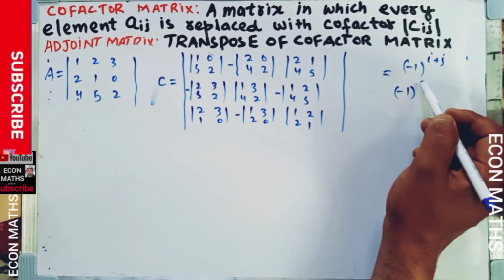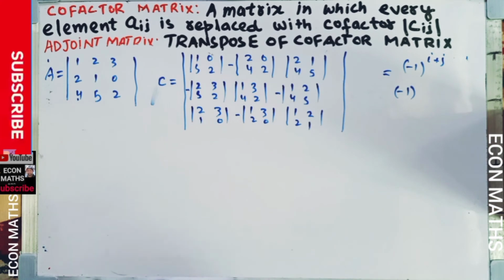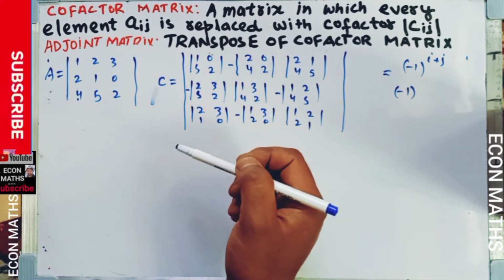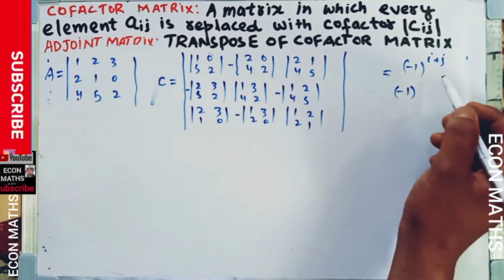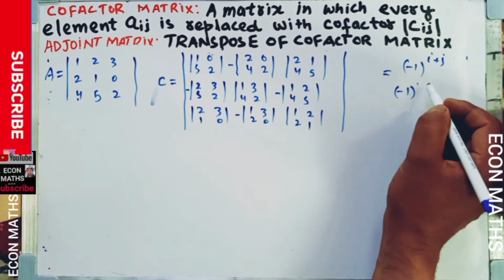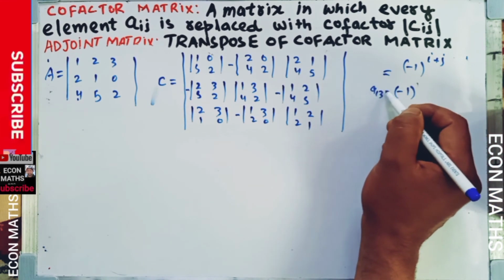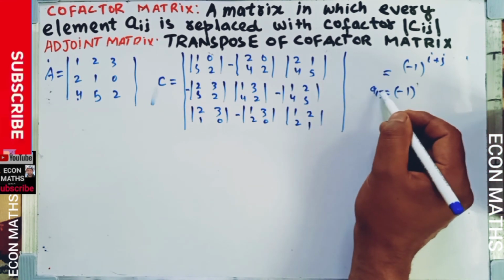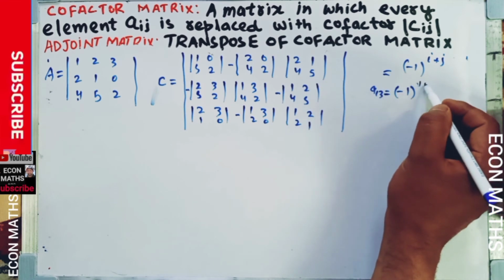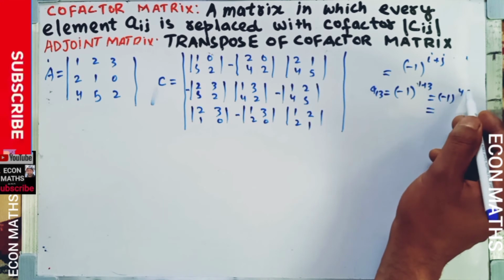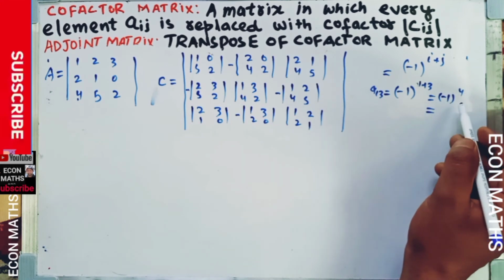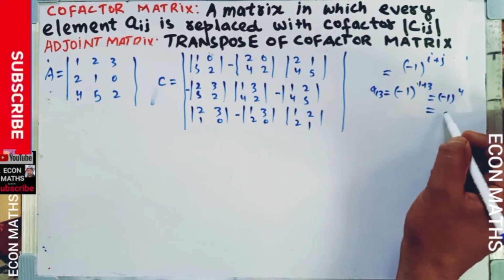That is, the sign is given by -1 raised to the power of the sum of the subscripts of the position in which the element appears. Here we can see this is A13, so we add the subscripts, 1 plus 3, that is -1 raised to the power 4, and since -1 raised to an even number is 1, that is plus 1.